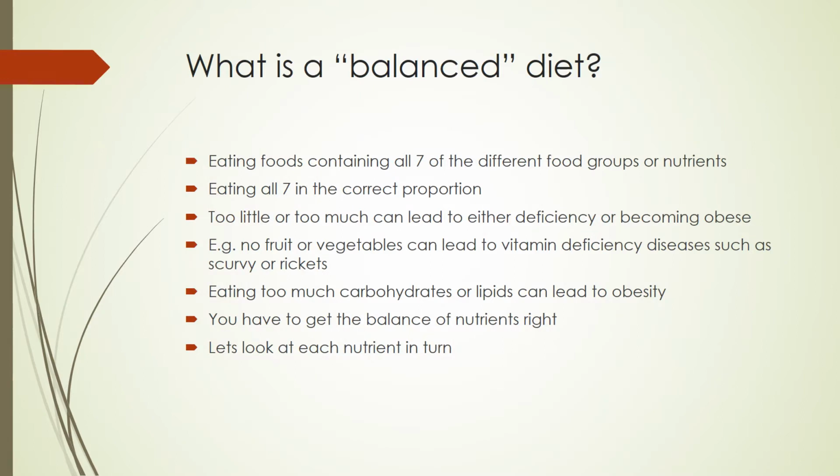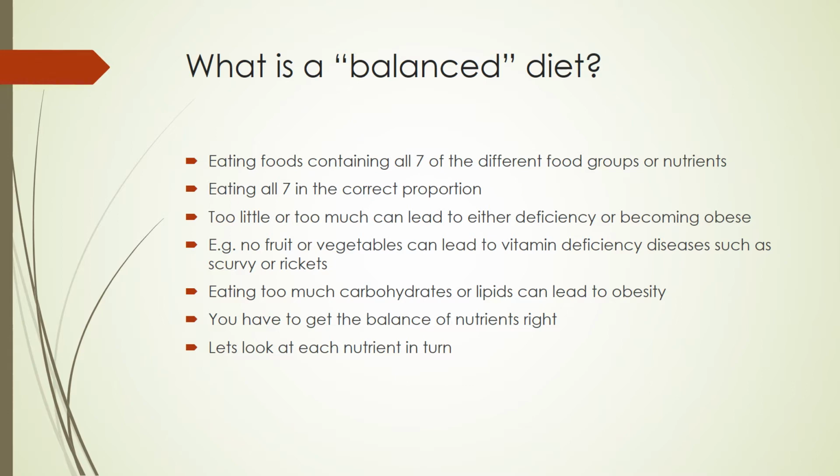Now, before we launch into the details of each of them, what exactly is a balanced diet? Well, it includes a collection of foods that contain all 7 of the different food groups we've just mentioned. Eating all 7 in the correct proportion is also important.